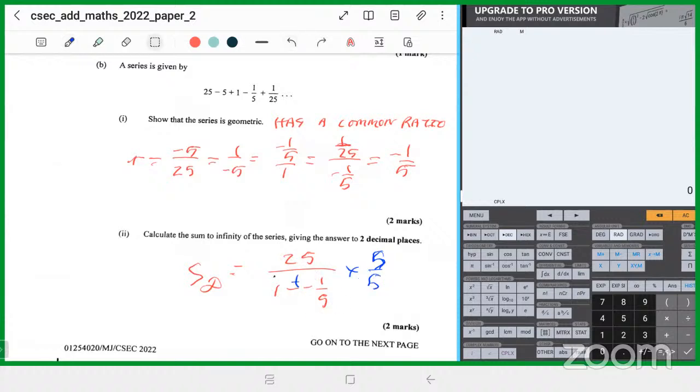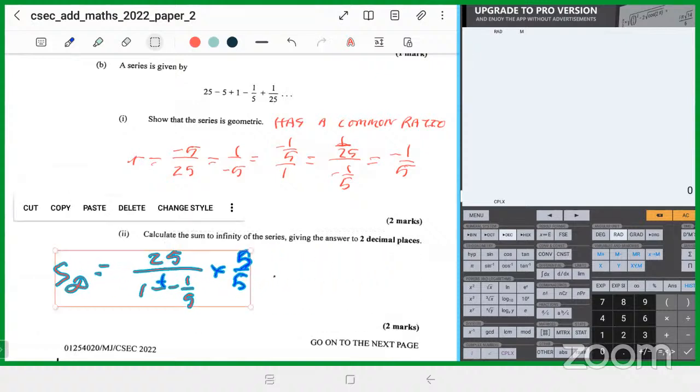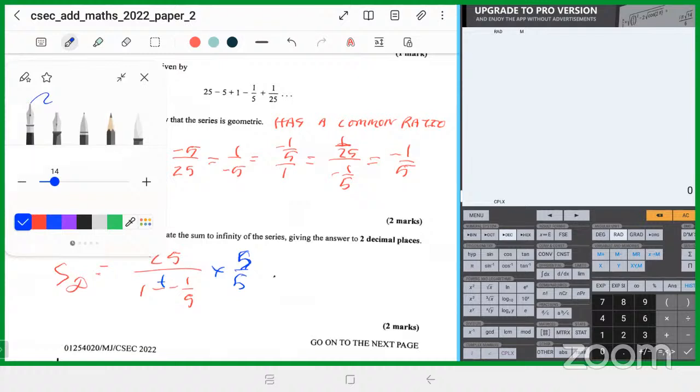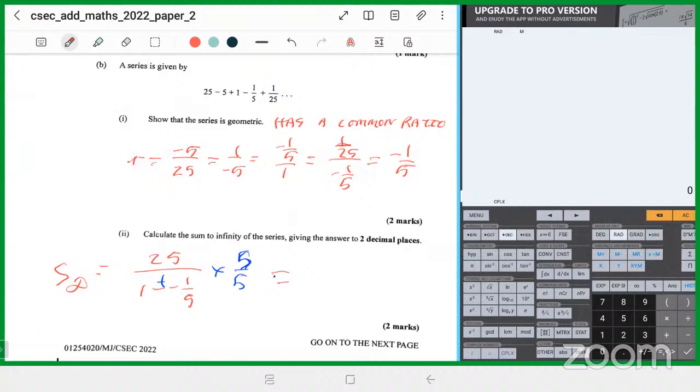We can put it in the calculator still if you want. So my numerator will be 25 times 5, which is 125, over 5 times 1, which is 5, plus 5 times 1/5, which is 1.